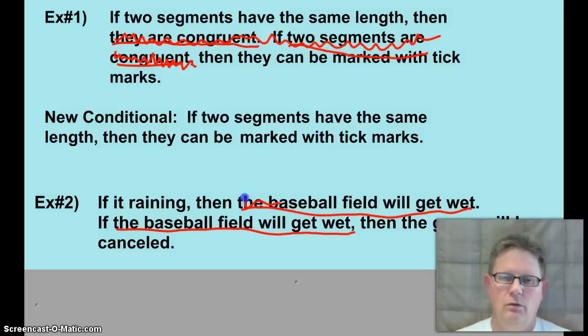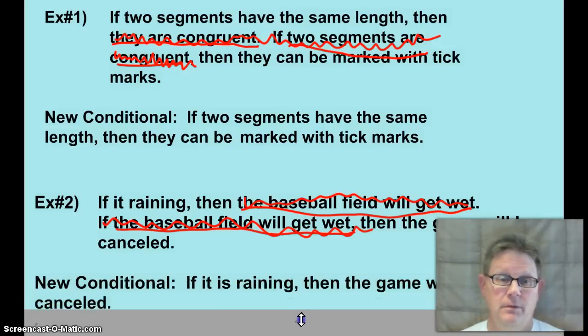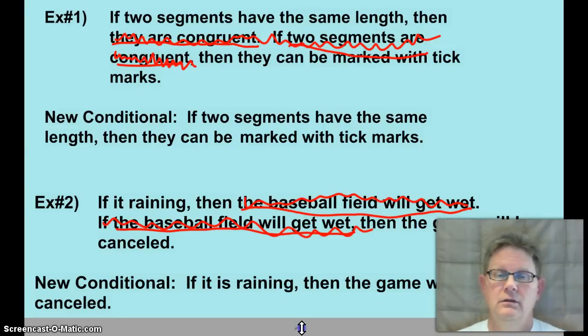And that's what we're going to make disappear. Then we can write a new conditional, a new if-then statement. If it is raining, then the game will be canceled. And that really is how easy the law of logic is.